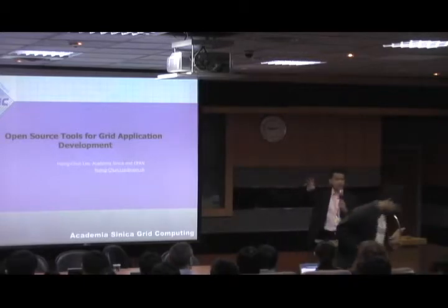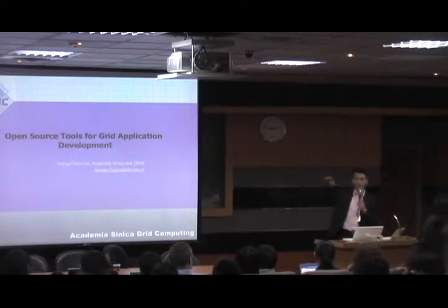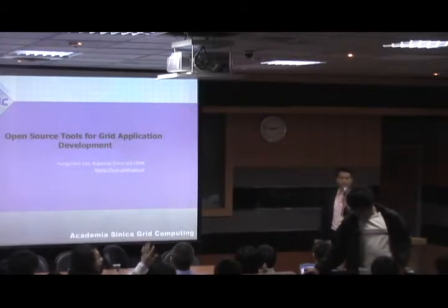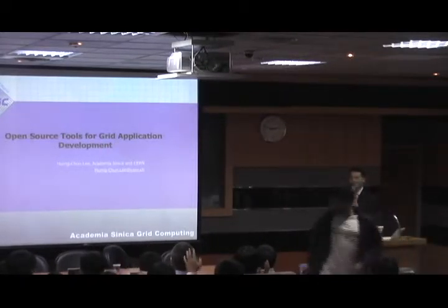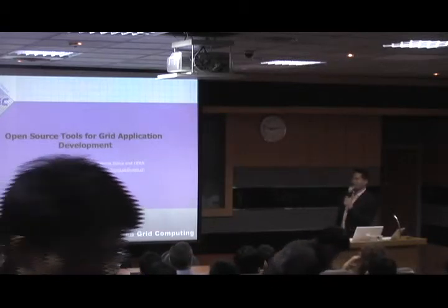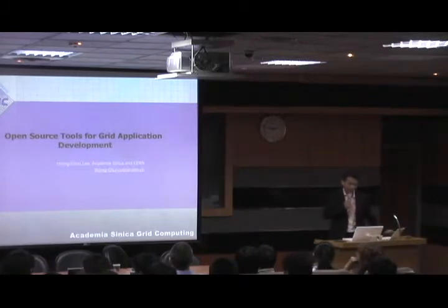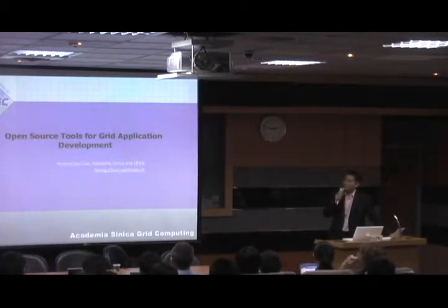Before I start, I'm wondering how many of you have heard about grid before? Could you please raise your hand? It seems not so many, so I'll try to explain a little bit what grid computing is, and then I will talk about some tools that we are using for developing grid applications.